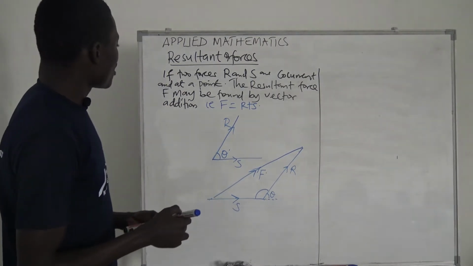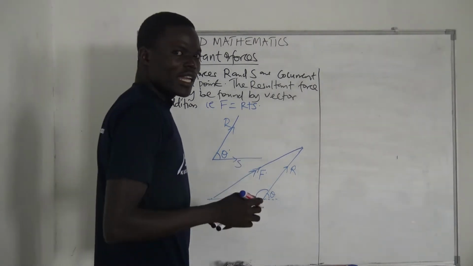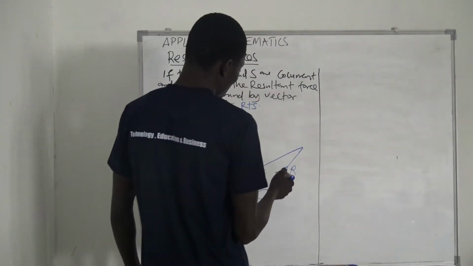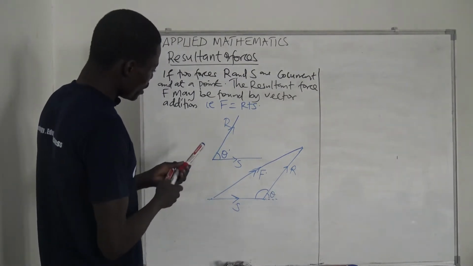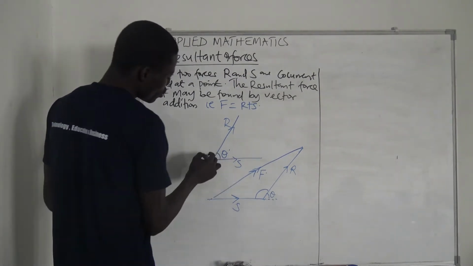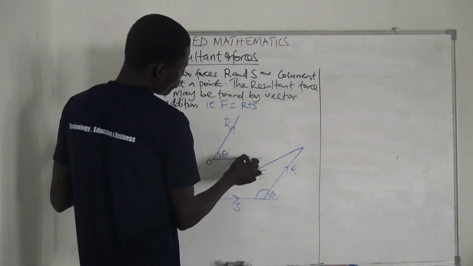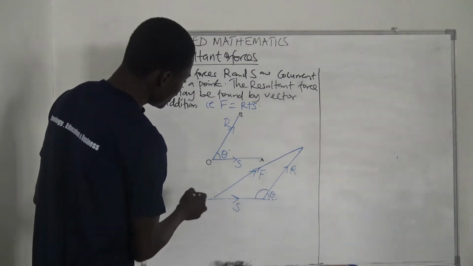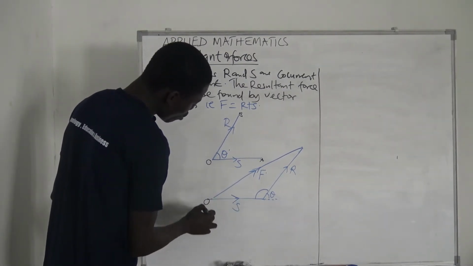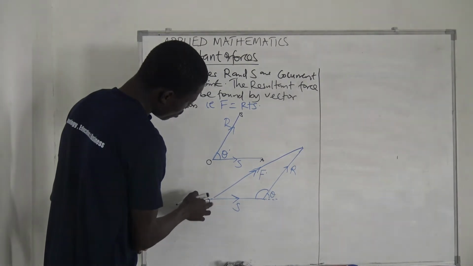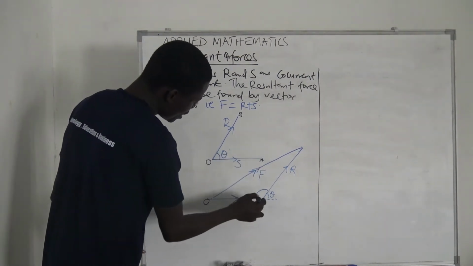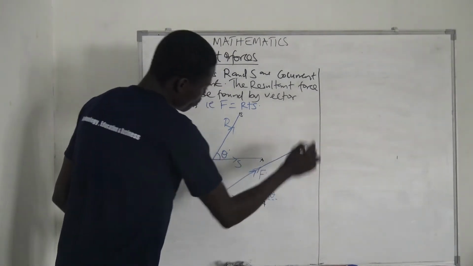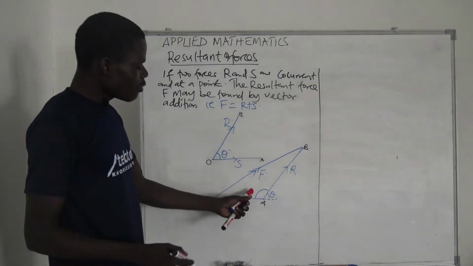So how do we get resultant force F? From cosine rule, let us name these points O, A, B. We have shifted this one to here; this one is still point O, A and B. Then how do we find the angle?